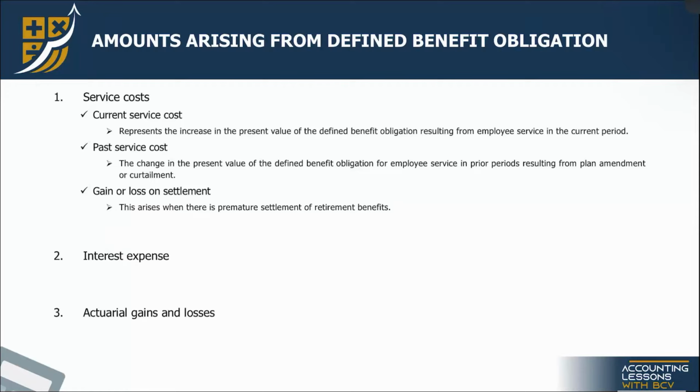Magkakaroon tayo ng gain or loss on settlement if yung employee mo na ine-expect mo magre-retire at the age of 60, biglang nag-retire earlier than 60 years old. Okay? So there will be a premature settlement of retirement benefits. So how do we know if there will be gain or loss on settlement? That is, we will be comparing the settlement price and the present value of benefits settled.